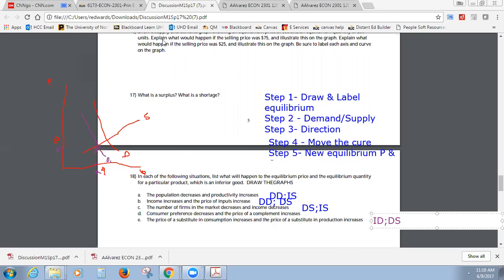Ceteris paribus, what does that mean for this market? All right, here we said that my demand was going to increase. So D will go to D sub 1. And at the same time, there are fewer suppliers in this market. So I have demand going up and supply decreasing.